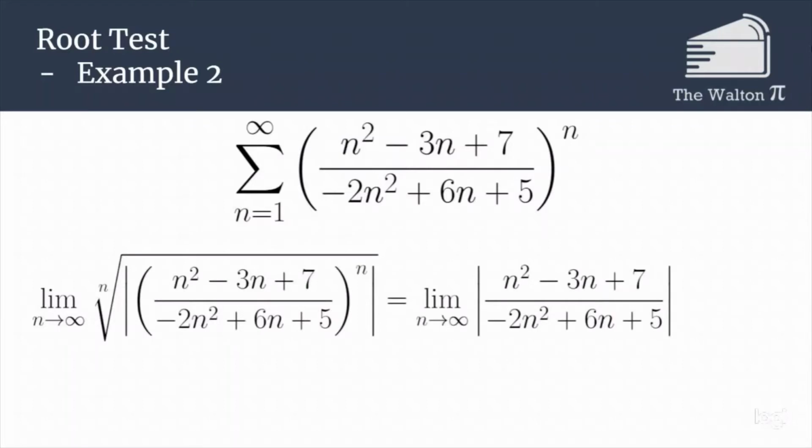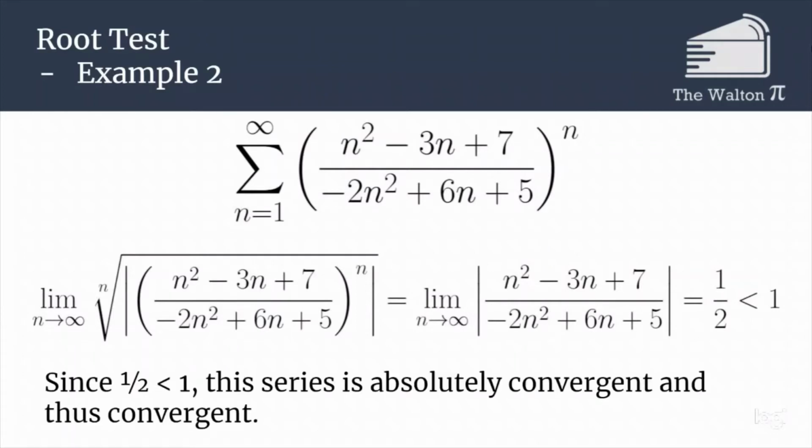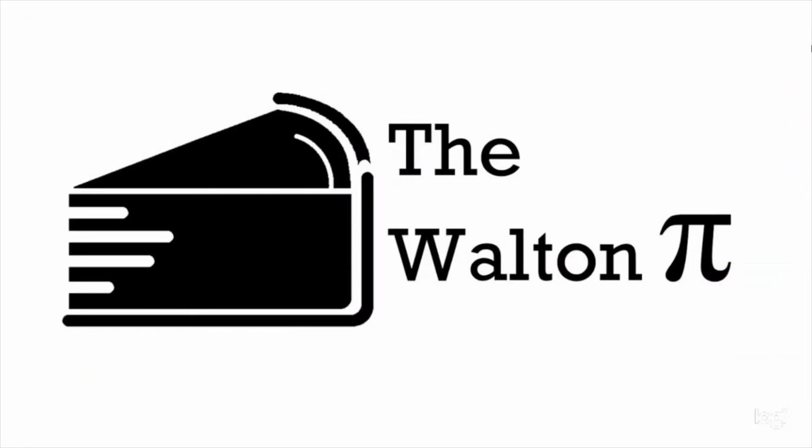That's the limit as n goes to infinity of just the absolute value of n squared minus 3n plus 7 over negative 2n squared plus 6n plus 5. So that's going to be 1/2, which is less than 1. So that tells us that this series is absolutely convergent, and because it's absolutely convergent, the series itself is also going to be convergent.